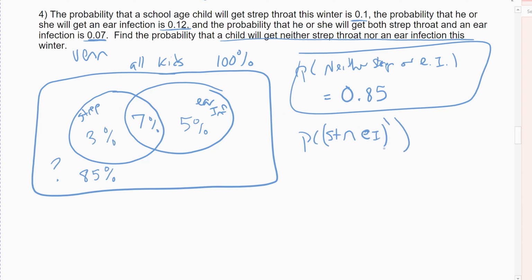that we don't get strep and an ear infection, right? We get neither strep nor an ear infection. And so what you could have done is you could have found the probability of getting a strep or an ear infection and then use the complement, which would be probability you get strep plus the probability, I'm going to run out of room, so I'm going to write it below.